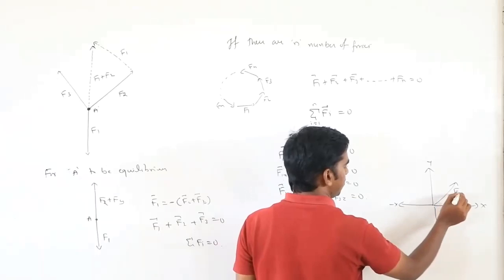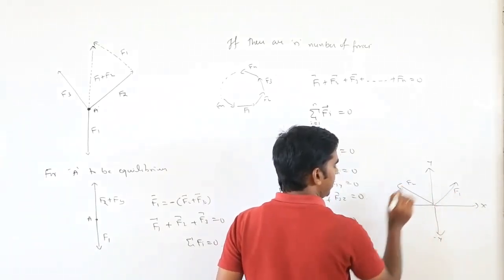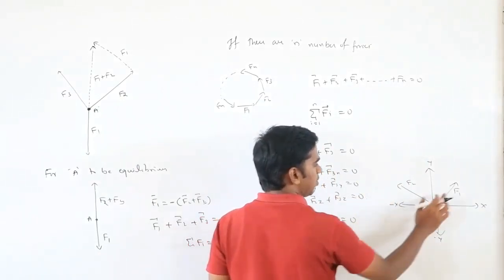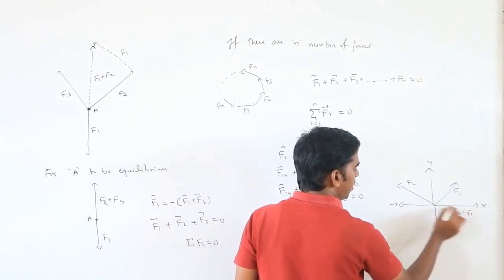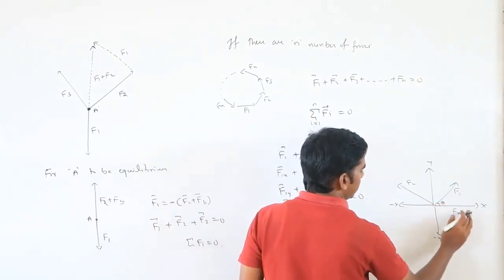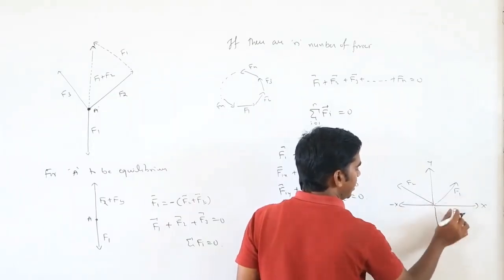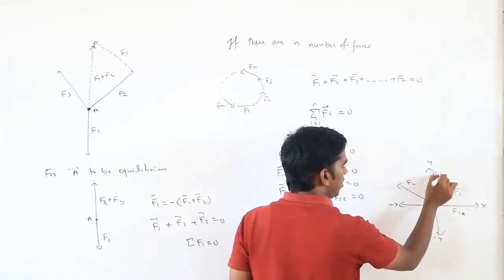If this is the force F1 and another force here you can take as F2, then the sum of their x components should be 0. What is its x component? If this is theta, instead of writing F1 you can simply write its x component as F1x and its y component as F1y.